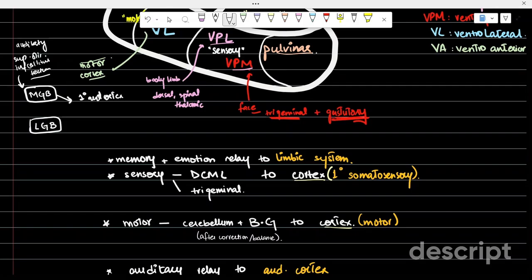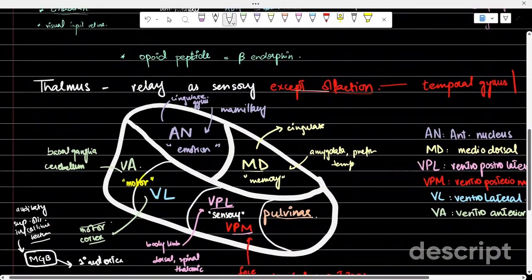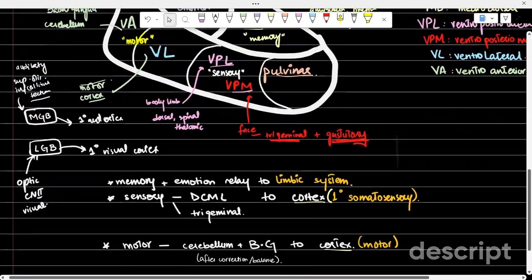Similarly, the lateral geniculate body receives its input from the optic tract or the cranial nerve 2, and then this will be a visual sense relayed through lateral geniculate body to the primary visual cortex. So if we see, thalamus is actually relaying all senses except olfaction, and this is a very important MCQ.